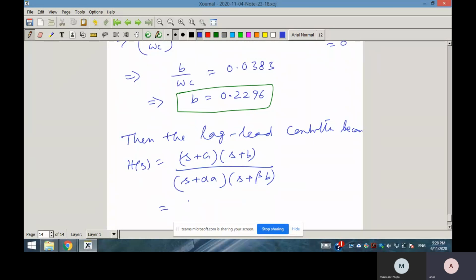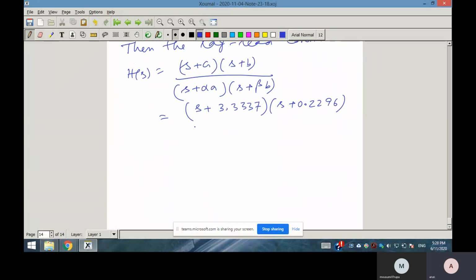So this will be equal to (s plus 3.3337)(s plus 0.2296) divided by (s plus alpha into a), it will be 38 point, please check all these calculations, into (s plus 0.0201).